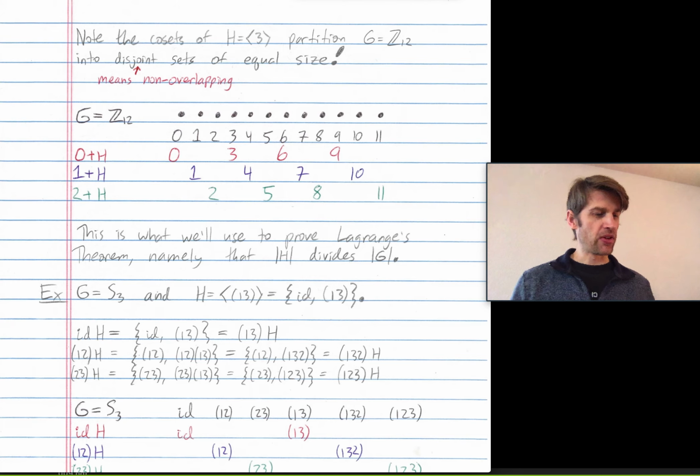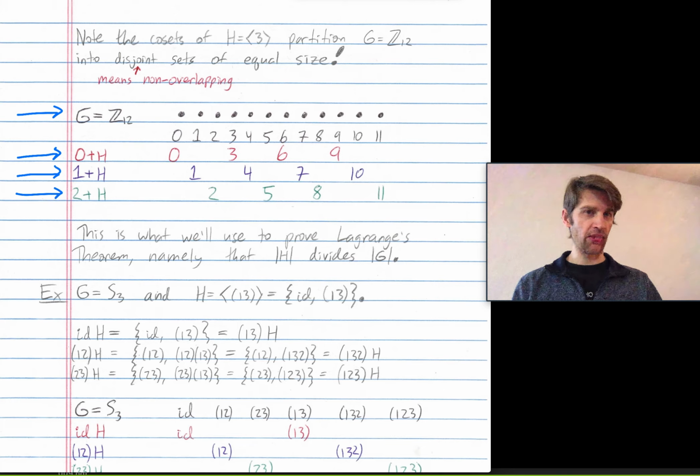So here in this top row, I've drawn G. I've drawn its elements just as dots, labeled 0 up through 11. The coset 0 plus H, we saw, had the elements 0, 3, 6, and 9. The coset 1 plus H had as its elements 1, 4, 7, and 10. And the coset 2 plus H had as its elements 2, 5, 8, and 11.